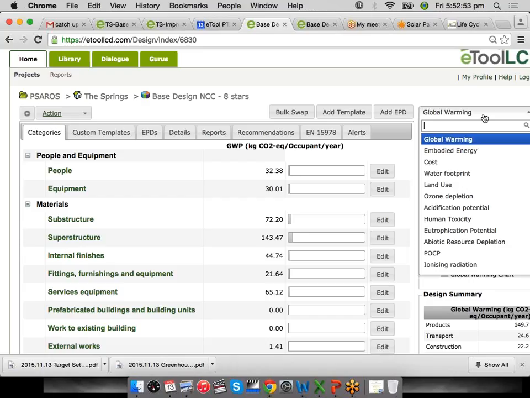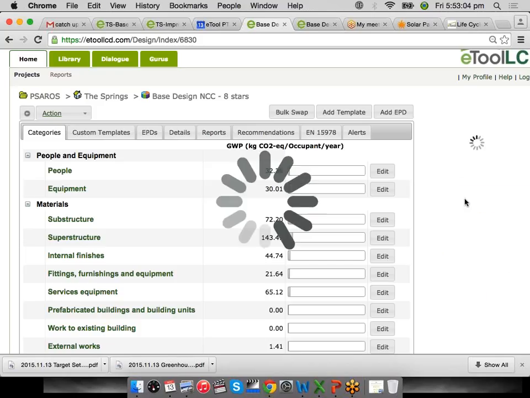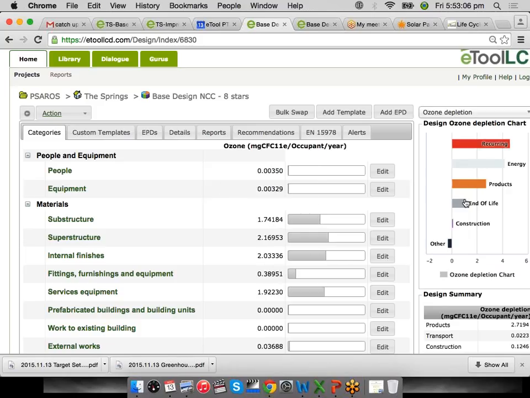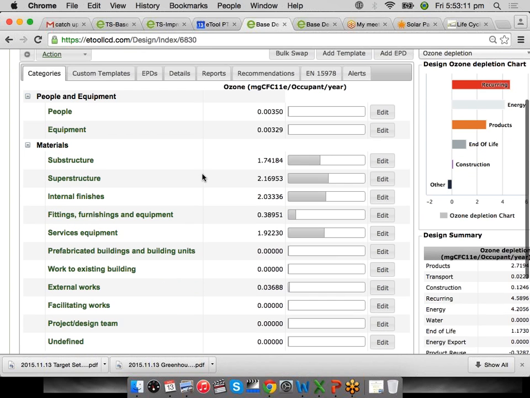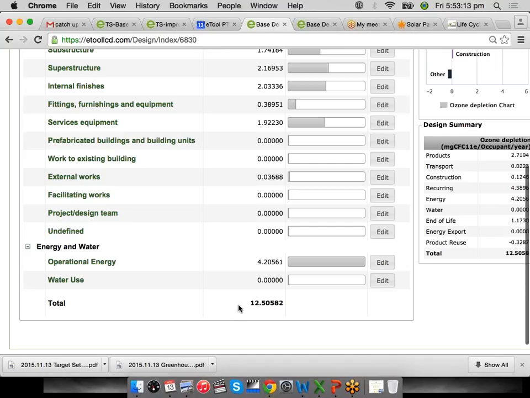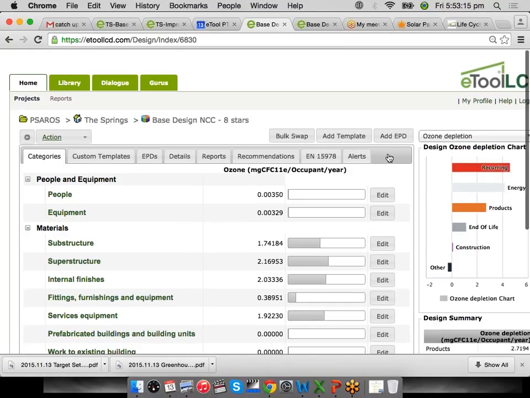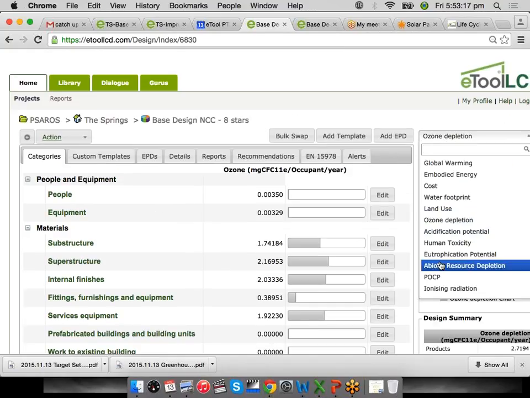As you know, Amanda, for Green Star, you have to report on all those different indicators. And here, just by changing the impact indicator, you can look at the trade-off. So you can look at ozone depletion, for example, and understand the impact on the ozone layer per occupant per year. So there's a metric here. You can look at all the other impacts.